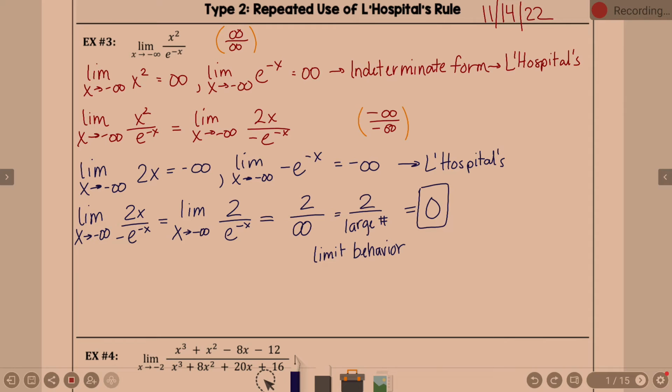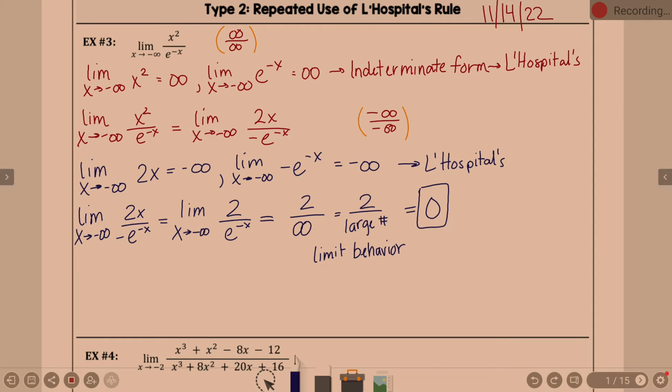So anytime you have a constant number divided by a number approaching infinity, you're going to say 0. And prove to yourself: take 2 and divide by 1,000. Then take 2 and divide by 1,000,000. And just keep increasing the size of that denominator, and you'll show yourself. Okay? Questions there?